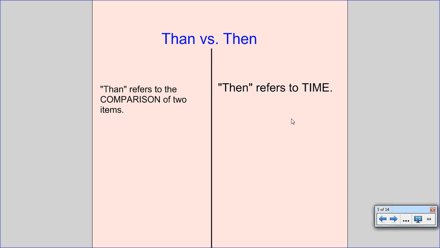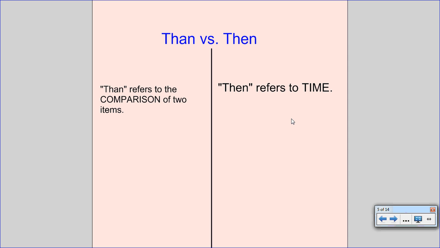Now, it's a very simple rule, but yet this one and the a versus an rule are the two that we see mixed up the most. And that is because quite often Microsoft Word does not capture these errors.